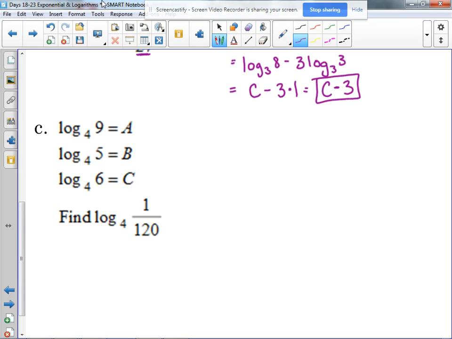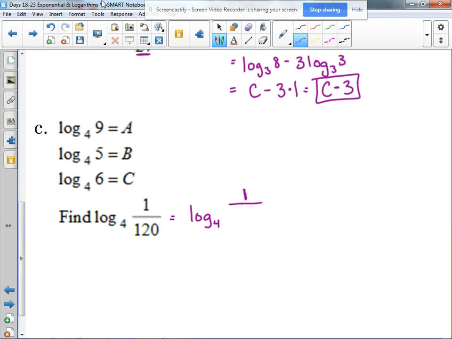So we can use the numbers 4, 9, 5, and 6. We really don't have to worry about the 1, and I'll explain why in a minute. So I'm just going to leave the 1 there.